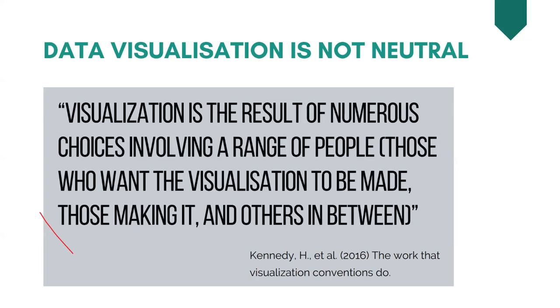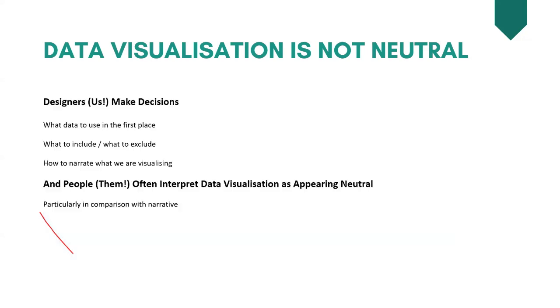But at the end of the day, visualizations are not, I don't want to reuse the word neutral, but they're not neutral. They have an inherent bias in them based on the choices primarily that we make as a researcher.